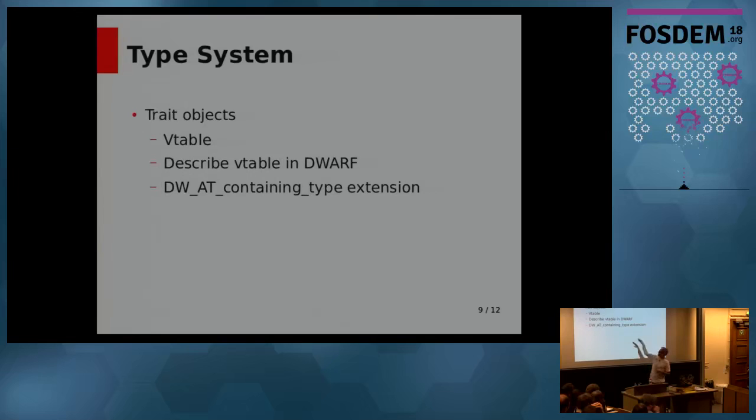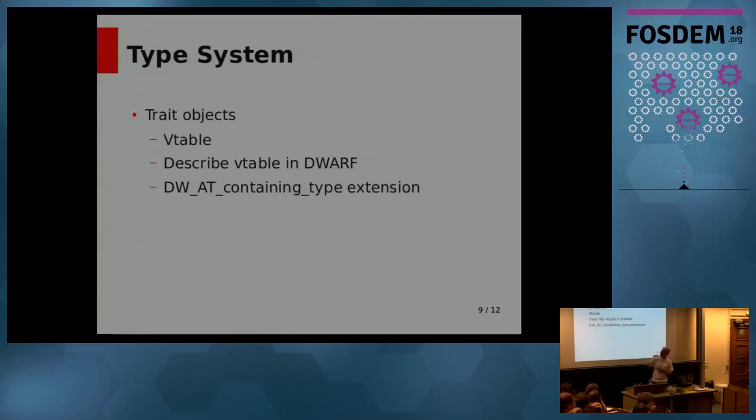So what we did is we added code to describe the V table in DWARF, which, by the way, is something that C++ doesn't do. What C++ does is it just defers to the ABI here. So in C++, virtual tables aren't in the DWARF at all, and the debugger does unbelievably terrible things to try to find out what's going on.